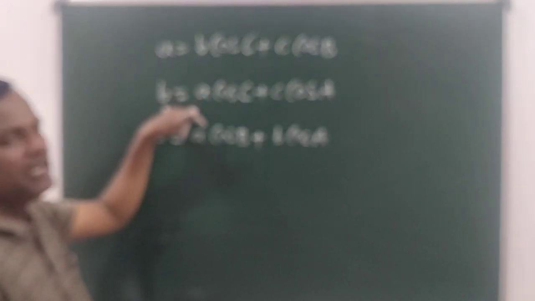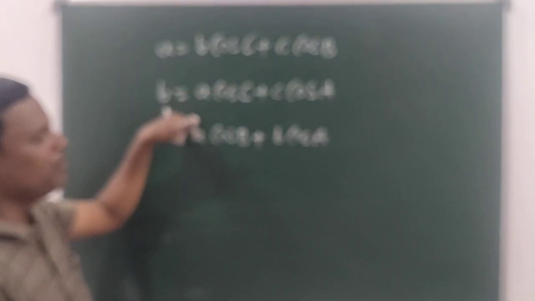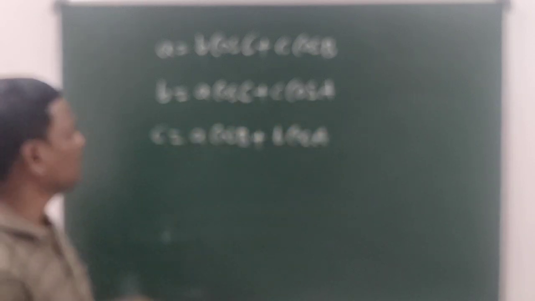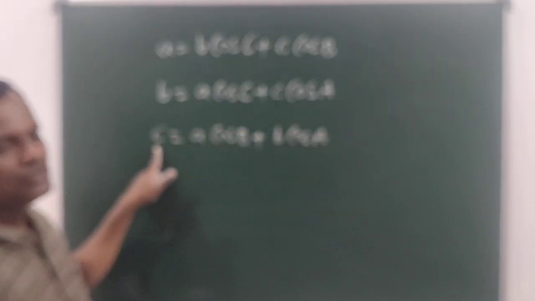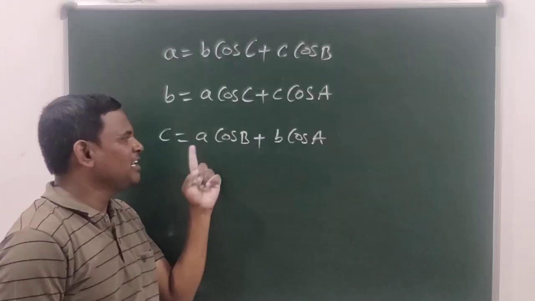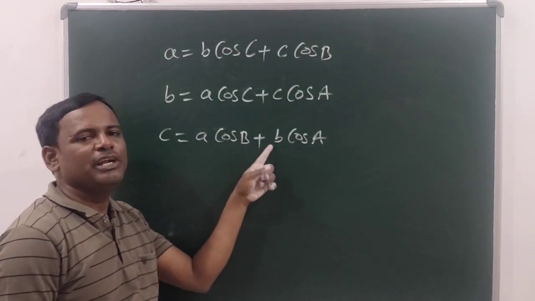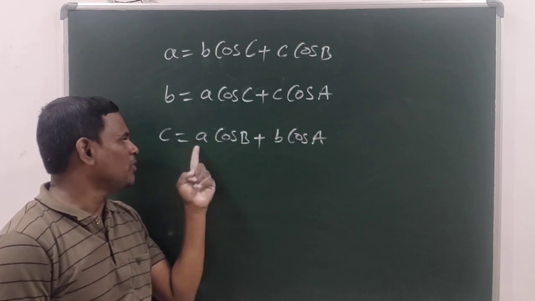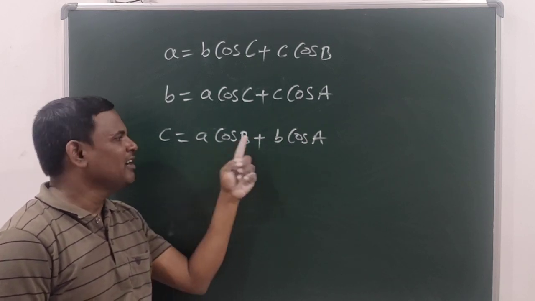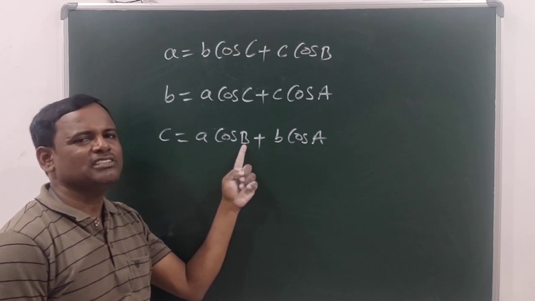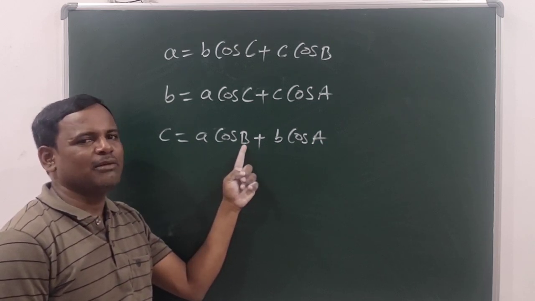Here, small b is equal to... on the right-hand side you get the AC combination, and for small c you get the AB combination: a into cosine B plus b into cosine A. Small a represents a side, and capital B represents an angle in triangle ABC.